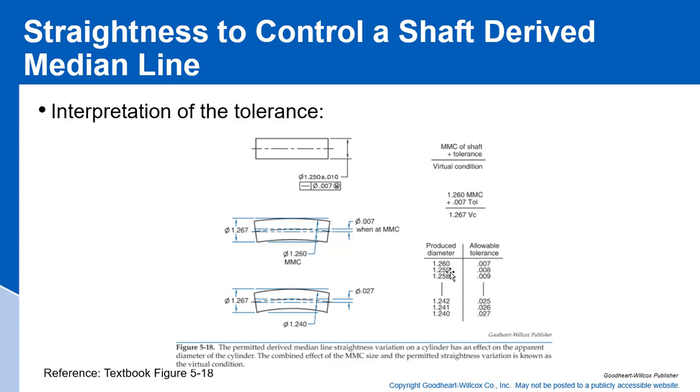So for instance, if I made that part at 1.259, I no longer have 7 thousandths form tolerance. I have 8 thousandths, because I still have to fit this virtual condition envelope. And let's say I made the part all the way down at the minimum size of 1 inch 240 thousandths, I would get a total of 27 thousandths form tolerance.